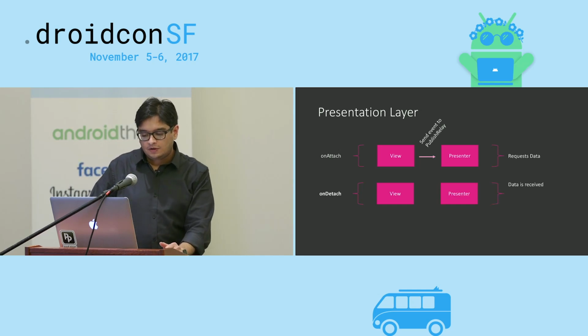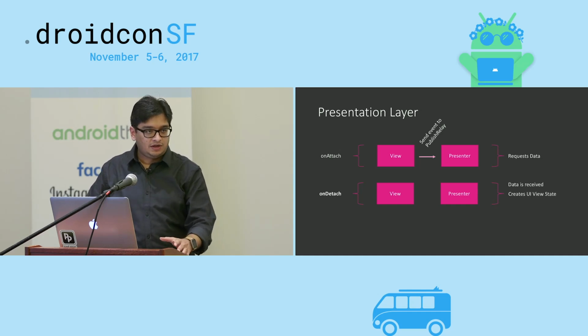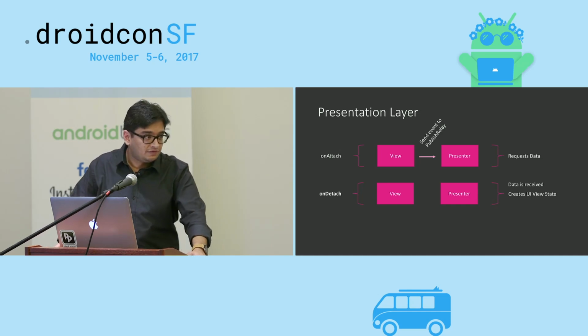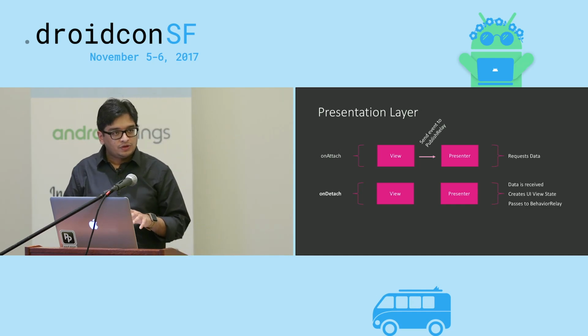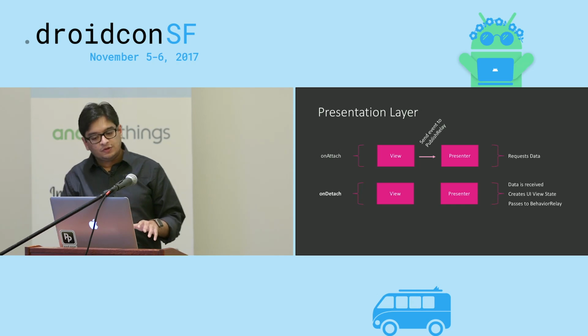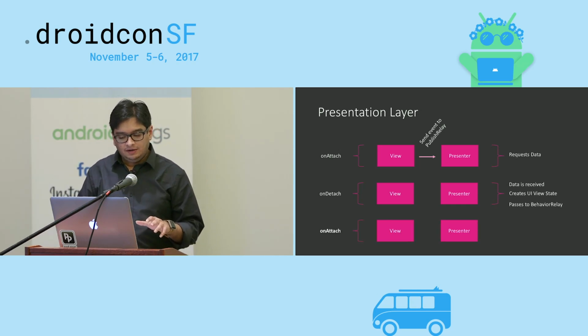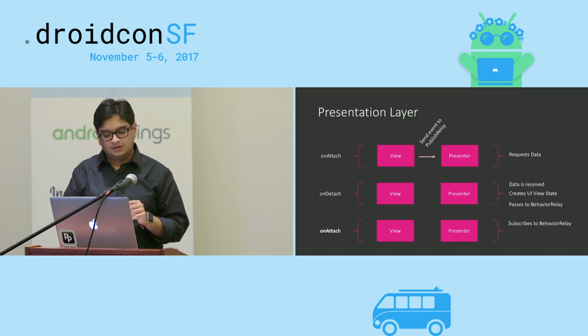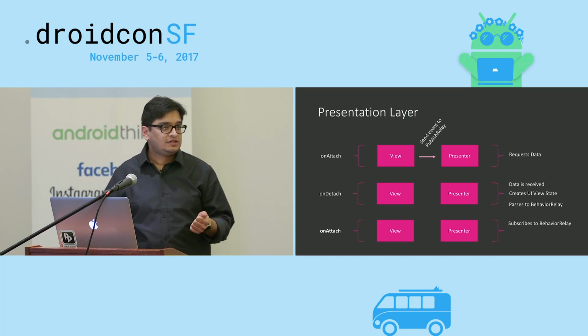So what we do is, whenever the data comes back and the view is still detached, we create a view state, be it an error state or an actual data state, and then we pass it on to the behavior relay. So the behavior relay holds on to the view state when the view is detached, and whenever the view gets attached again, the presenter subscribes to the behavior relay, and now it knows the last item it had, right?